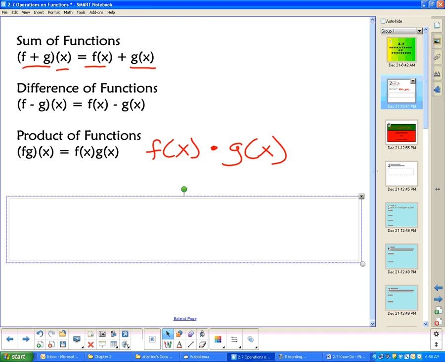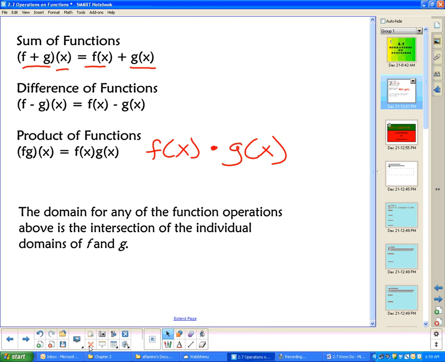The new slant we're going to put on here is, well, what are the domains of functions when we start putting them together? And the answer is, the domain for any of the function operations above is the intersection of the individual domains of f and g. We have previously in this chapter looked at how to find the domain of a function algebraically.